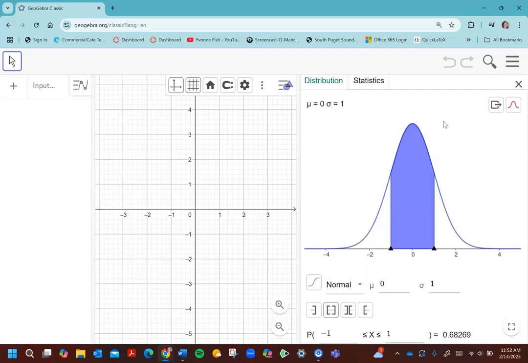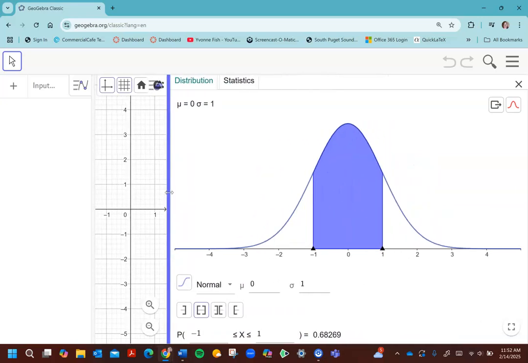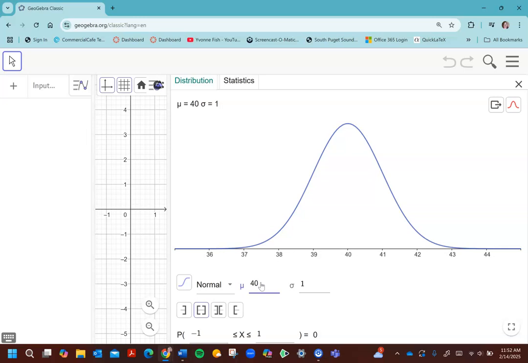So we have this, what looks like a normal curve there, and we're going to enter in our data. So we want normal. We want this to say 40 because that's what our mean was. In our standard deviation, we're going to click on that. You have to erase what's there. You got to make sure you add the new thing in and overwrite it because it'll always hold what it most recently had.